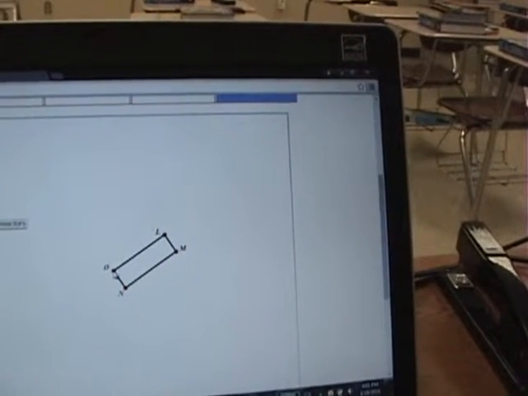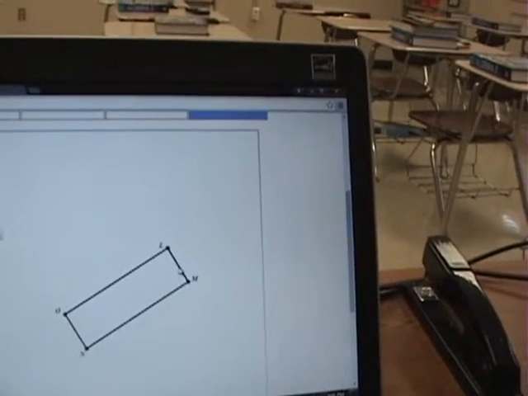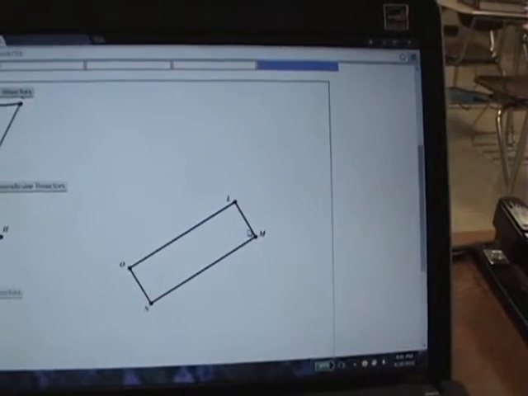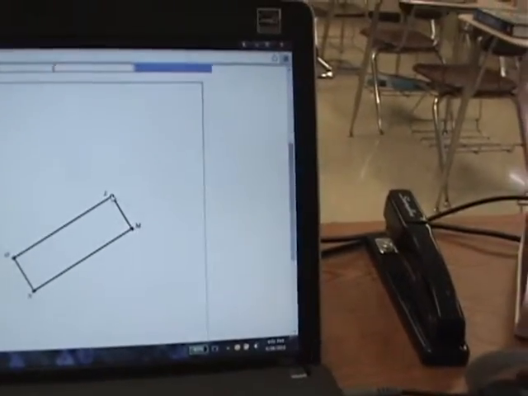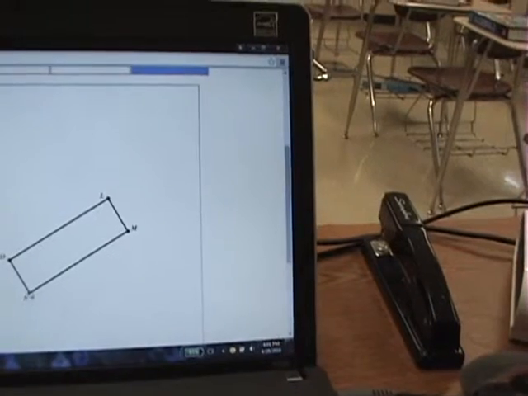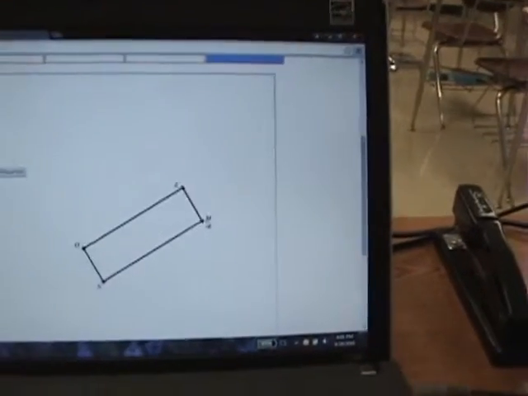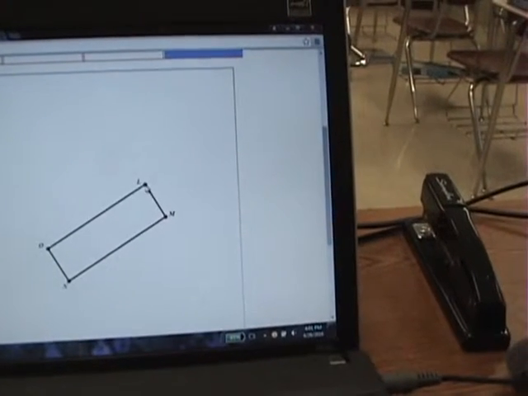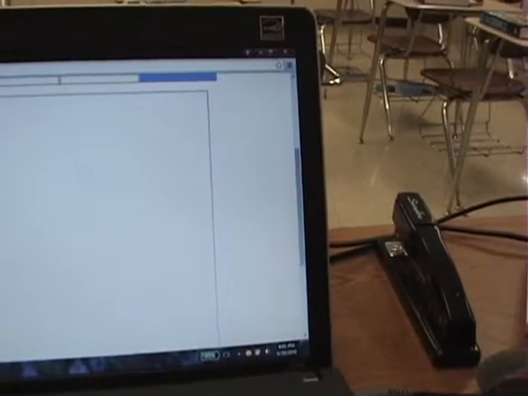Would these be congruent? Well, these would possibly be congruent, but the question would be, are they going to be perpendicular to each other? Because looking at this, it doesn't look like a line crossing here from L to N would cross a line from O to M at a 90-degree angle. Okay, so these are the questions that I would ask the students ahead of time and to make their guesses based on this.